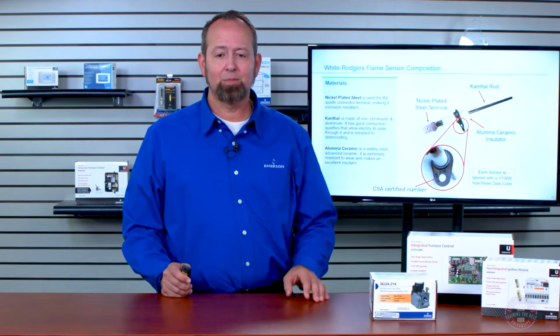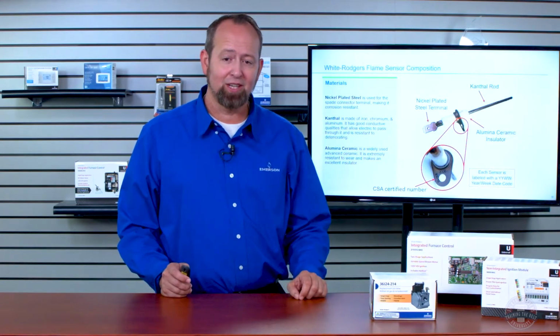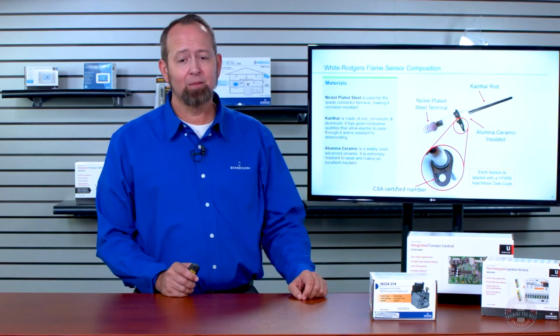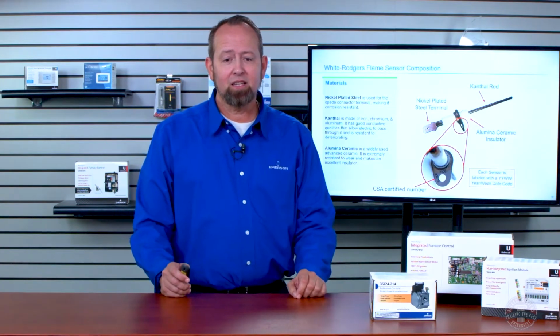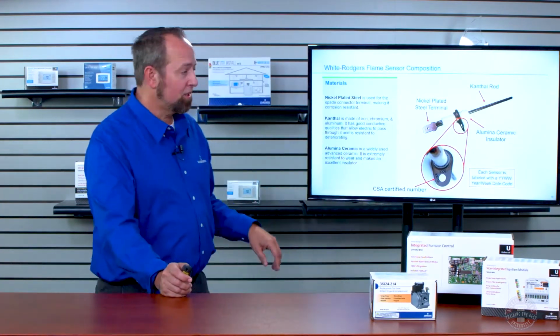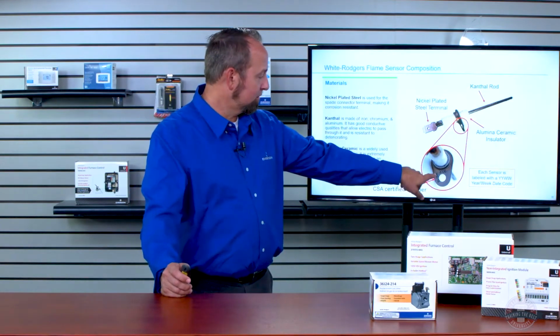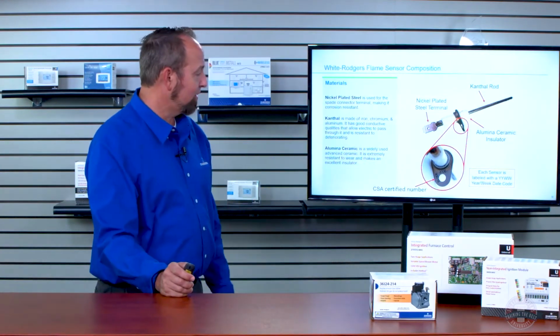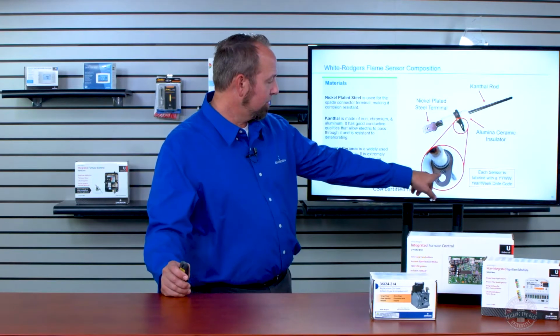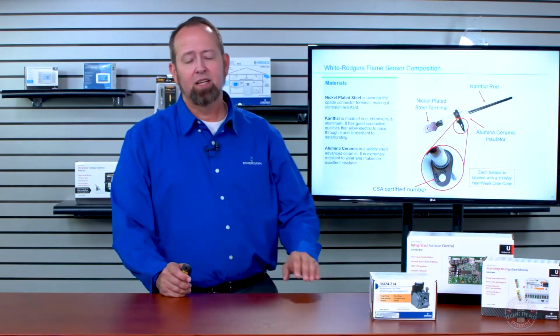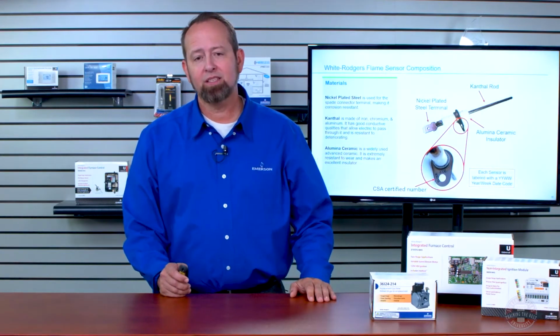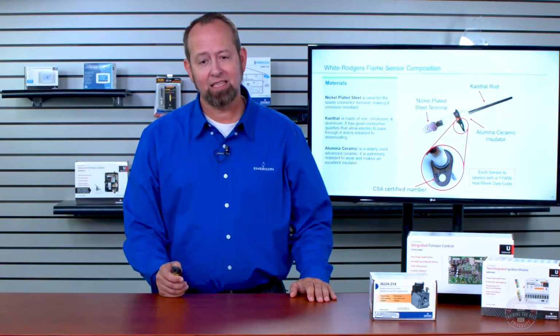So it's a mixture of 3 metals blended together that have good conductive qualities that allow the electric to pass through, as well as strength and the ability to withstand heat and temperature. On each of the flame sensors, there is a CSA certified number, and also a date code so that you can tell when the sensor was manufactured and its age.